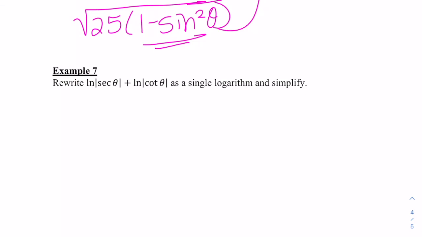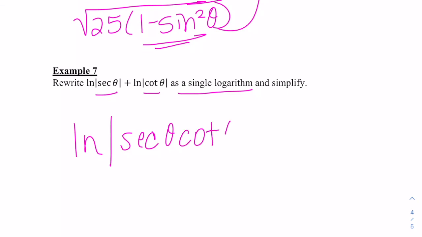Here we have natural logs, and remember we're trying to condense this into a single logarithm, so bringing chapter 3 back. We have natural log of secant theta plus the natural log of cotangent of theta. Remember when you're adding logs, if you're going to combine them, you can multiply them. So this will be natural log of secant theta times cotangent of theta.